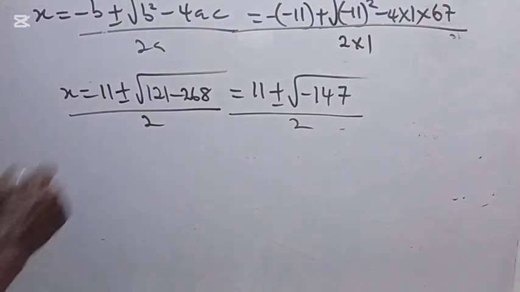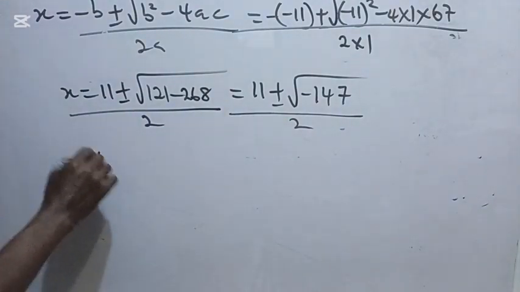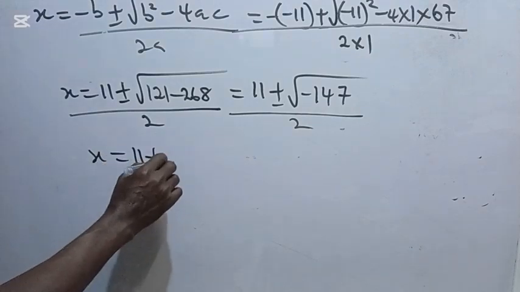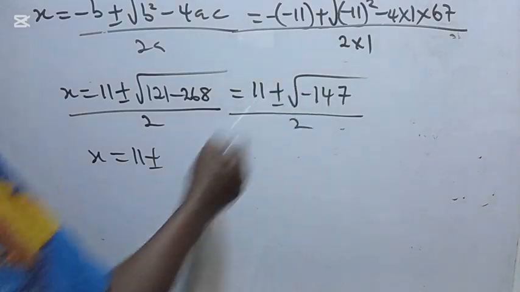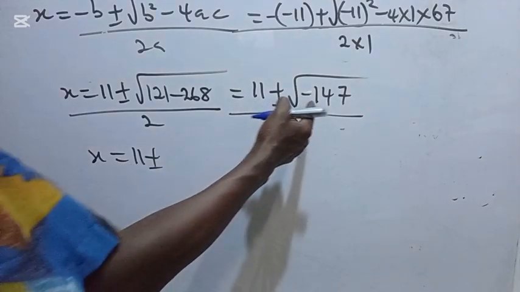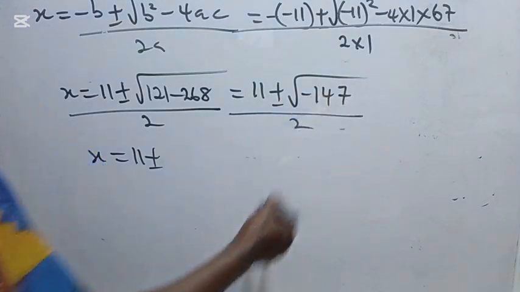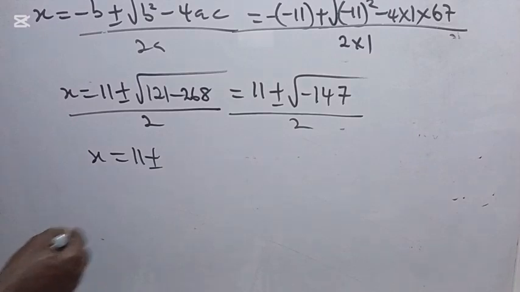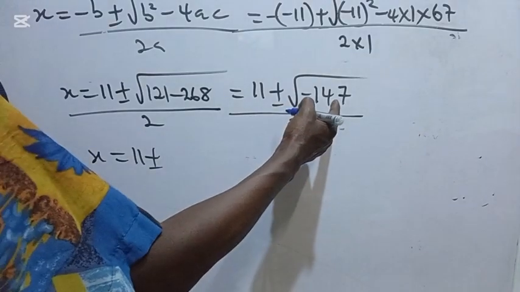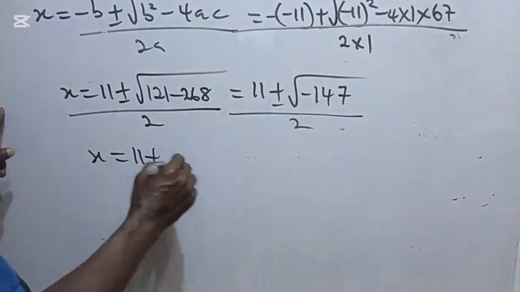So that will now give us what? x equals 11 plus or minus, what can we use to multiply minus 1? If I factor minus 147, I think 7 will go, 7 times 21, and let's take 3, 3 in 14, 4, remaining 2. So 49, beautiful.